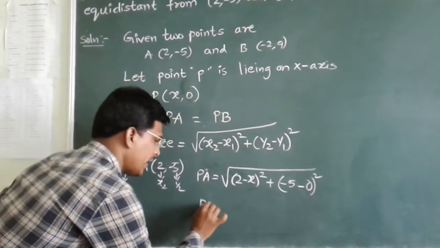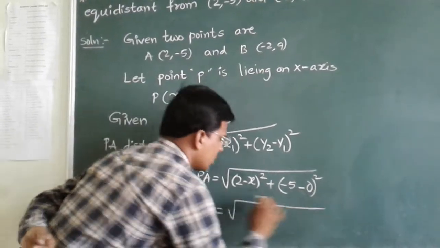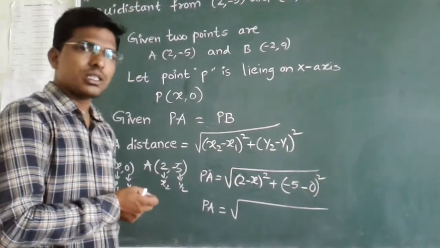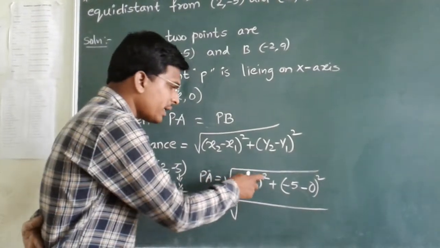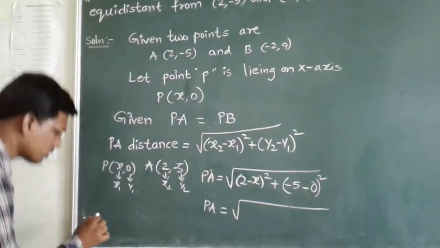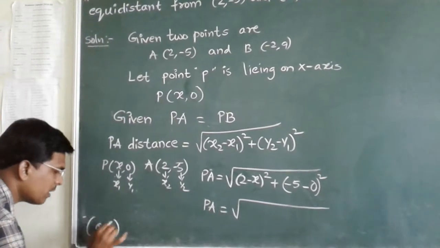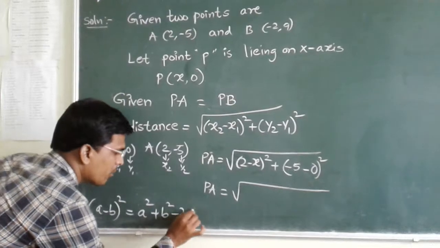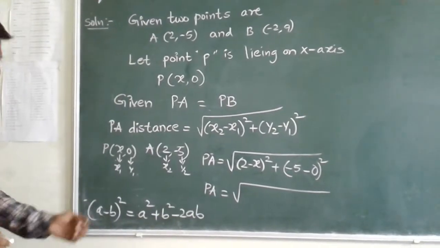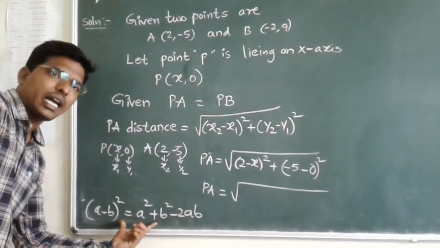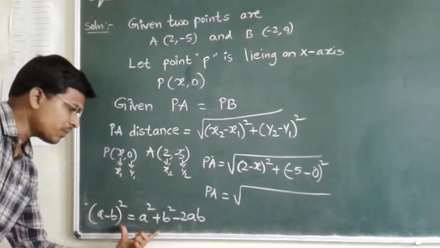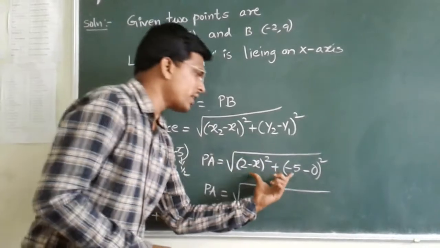So PA is equal to the square root of (2 minus x) whole square plus (-5 minus 0) whole square. In the 9th class we studied the formula for (a minus b) whole square. (a minus b) whole square is equal to a square plus b square minus 2ab. By applying this algebraic identity, we can simplify this form.